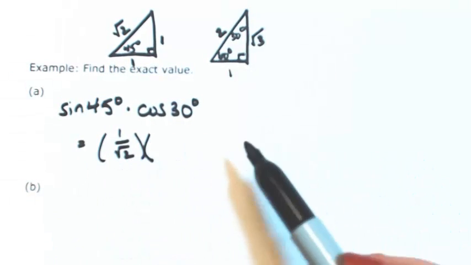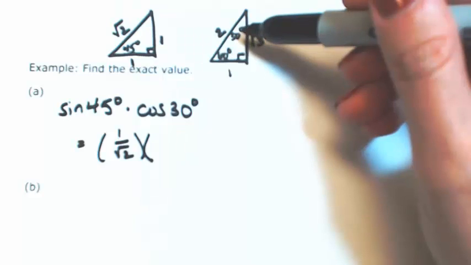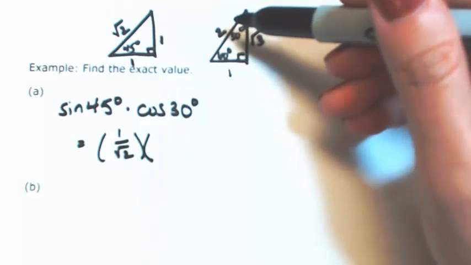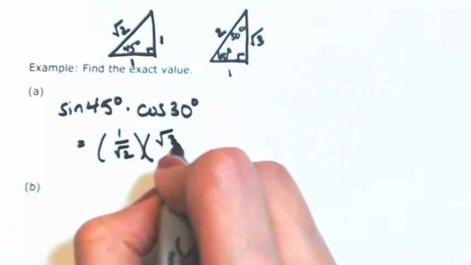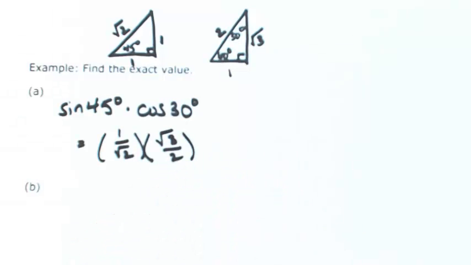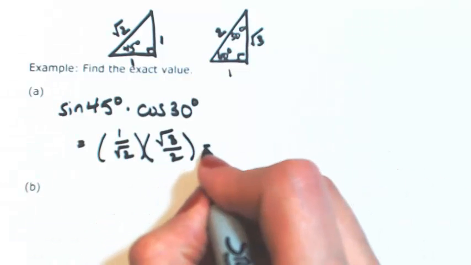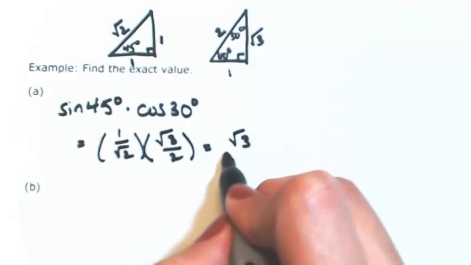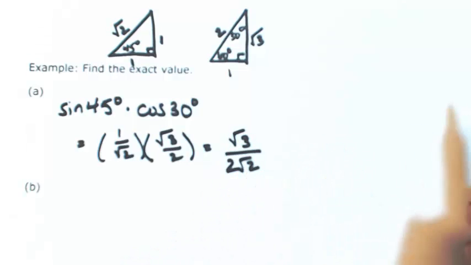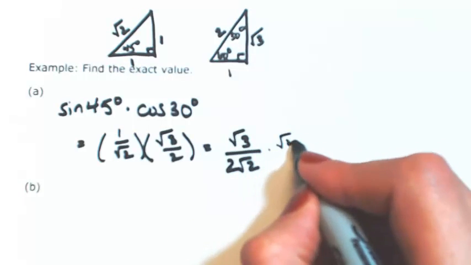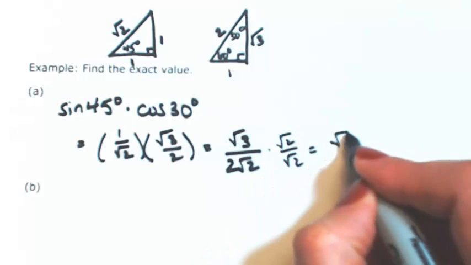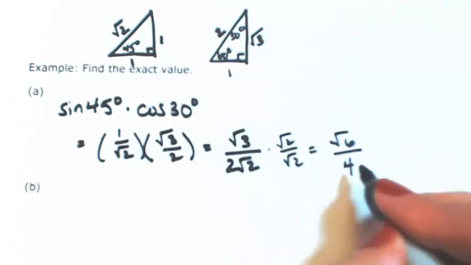For cosine of 30 degrees, go to 30 degrees, adjacent over hypotenuse. Just multiplying that, we get square root of 3 over 2 square root of 2. And then rationalizing, we get square root of 6 over 4.